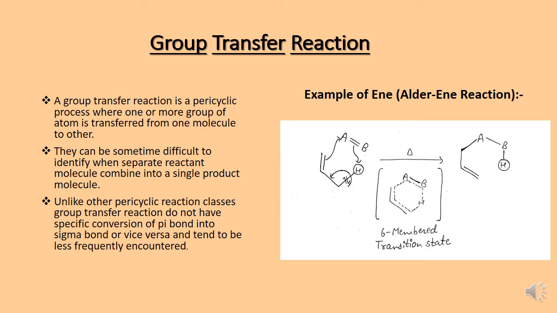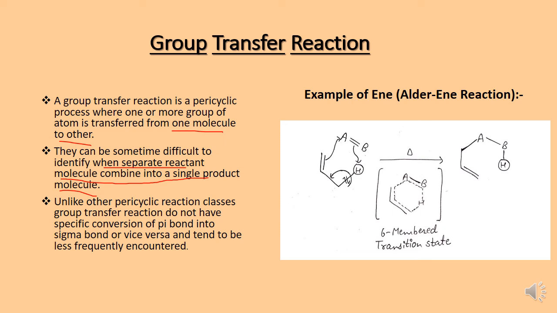A group transfer reaction is a pericyclic process where one or more groups of atoms are transferred from one molecule to another. They can sometimes be difficult to identify when separate reactant molecules combine to give a single product molecule. Many reactions are possible with different moieties in the reactant, but if we want to identify the reactant from the product, we can't identify which reagent was used earlier.